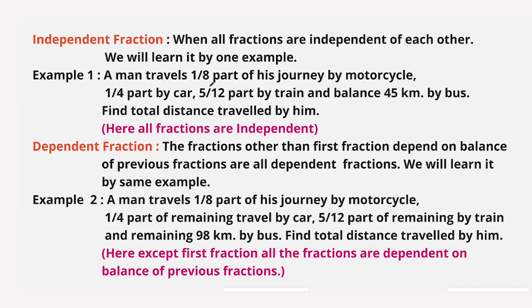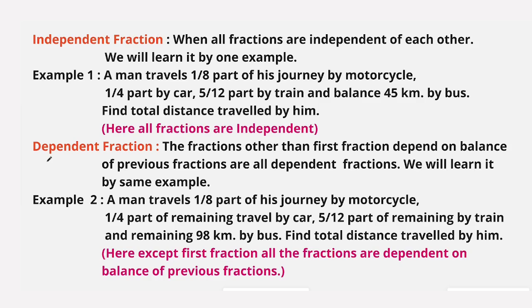A man travels 1/8 part of his journey by motorcycle, 1/4 part by car, 5/12 part by train, and the balance 45 km by bus. Find the total distance travelled by him. Here all fractions are independent, like 1/8, 1/4, 5/12.